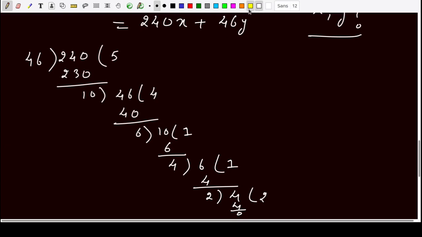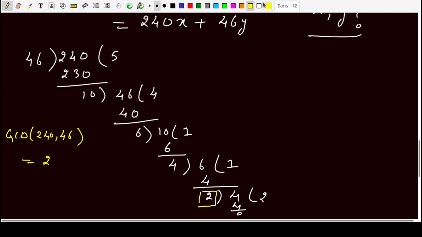So the last nonzero remainder is our GCD. We know that the GCD of 240 and 46 is basically 2.